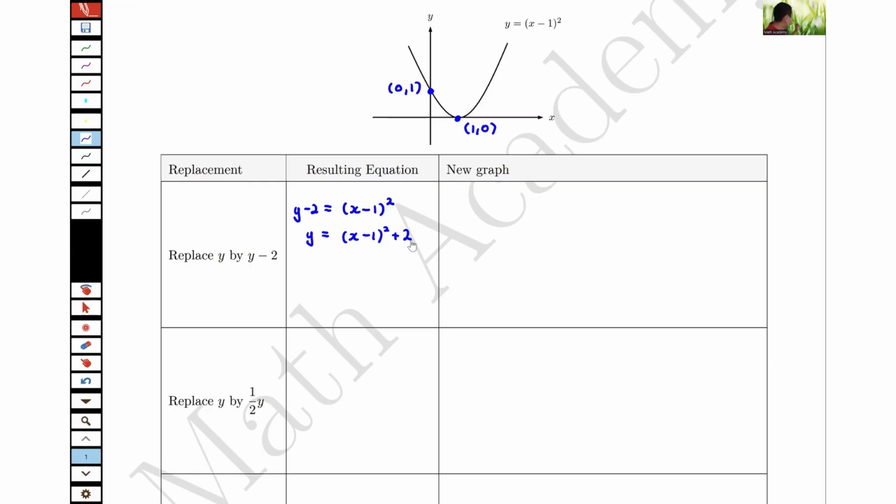Now, what happens to a graph when we add the value 2 to one side? It means you are having your y values all shifted up by 2 units when you add 2. So let's think of this as, I just write on the left-hand column, we're going to shift up by 2 units. And we are shifting up because it's the y value that increases by 2 on the right-hand side. Let's draw in the graph together on the right.